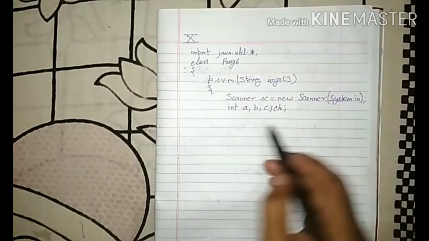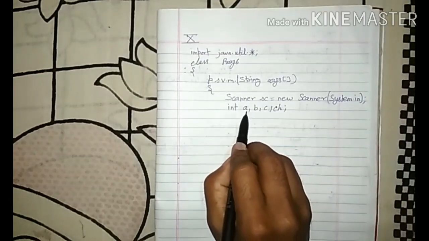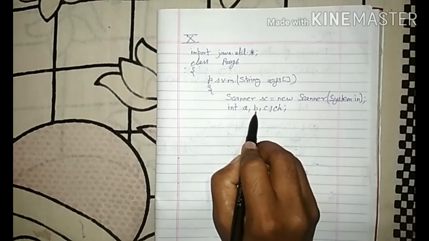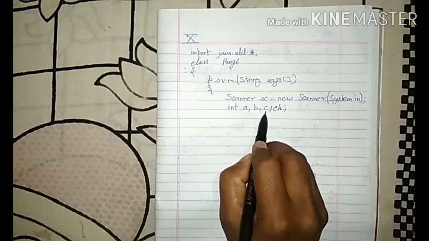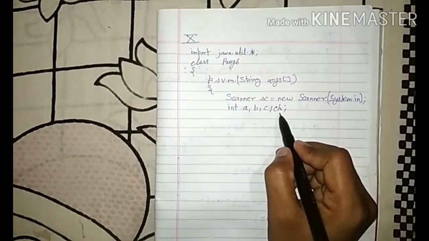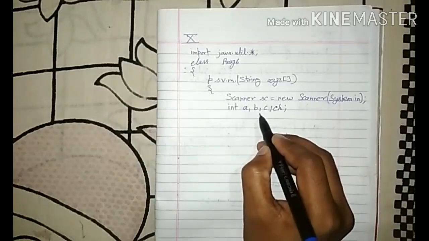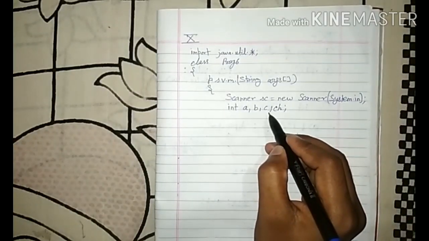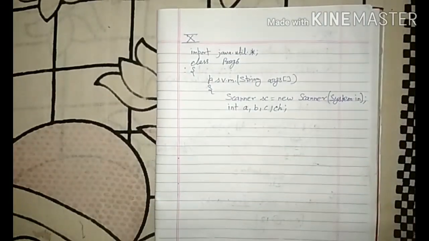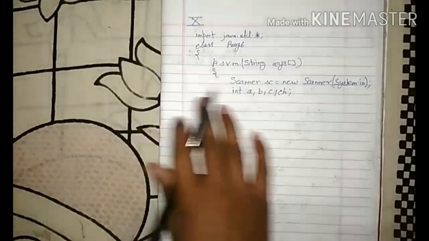This variable a is used to store the first number, b the second number, c the result, and ch our choice. This is what we write in the variable definition. I will tell you how to write variable declaration or variable definition in another video.